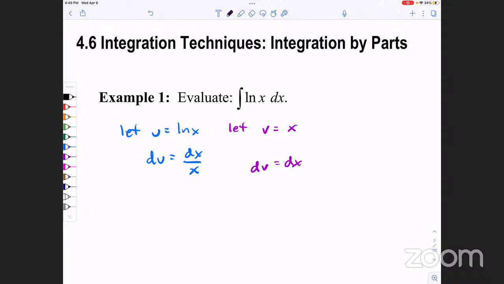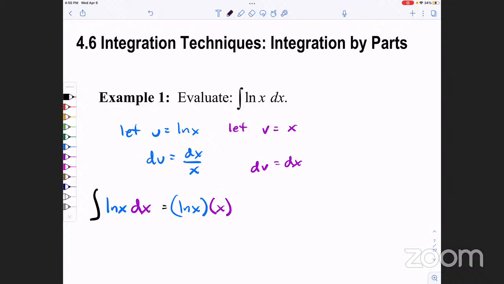So now, the original integral we had was ln x dx, right? So the blue goes with blue, purple goes with purple. Now, if we're applying the integration by parts formula, this is u dv equals uv minus the integral of v du, right? So here's our u, ln x, and then our v is x.